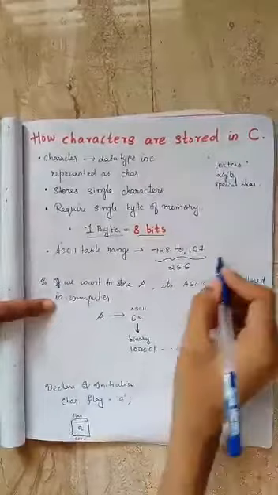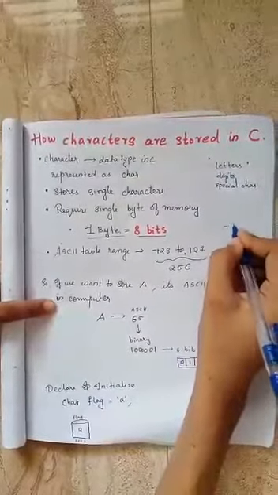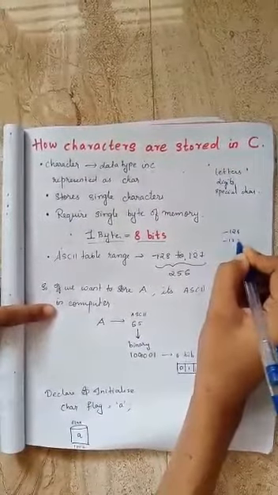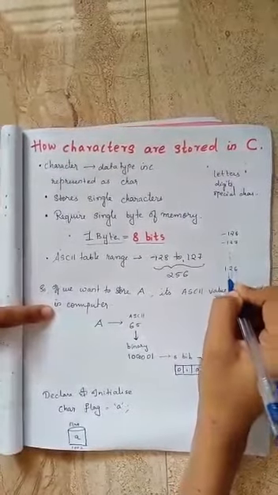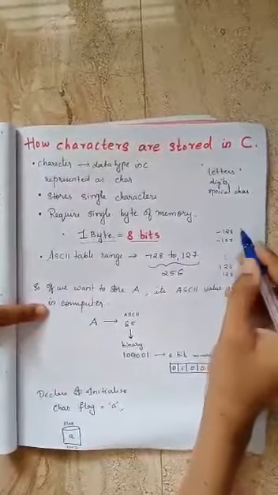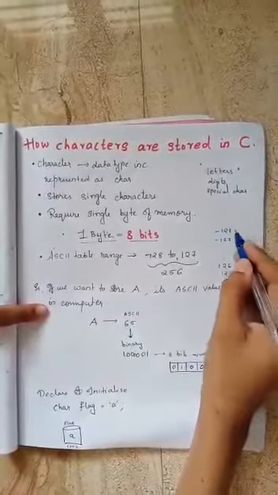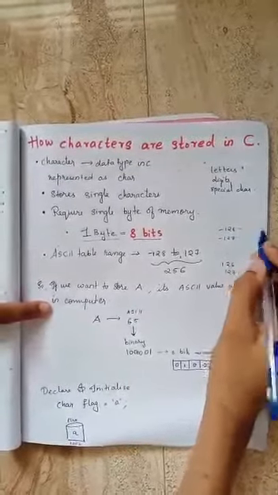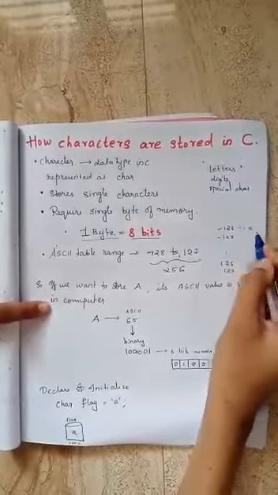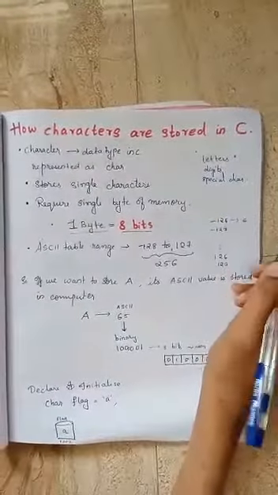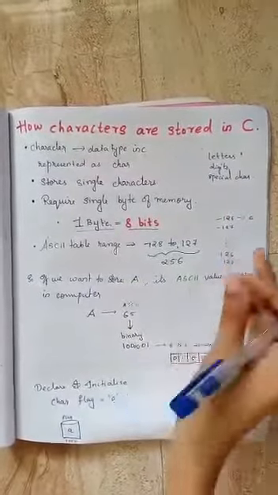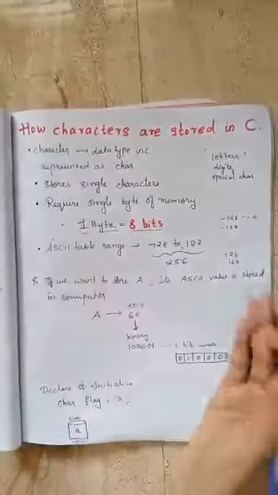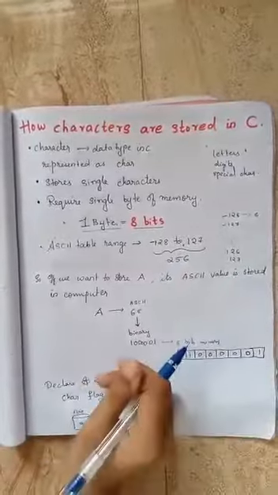So -128, -127, etc., up to 126, 127. Each of these values has some character associated with it, like special characters and so on. In between, we have our alphabets also, both uppercase and lowercase.